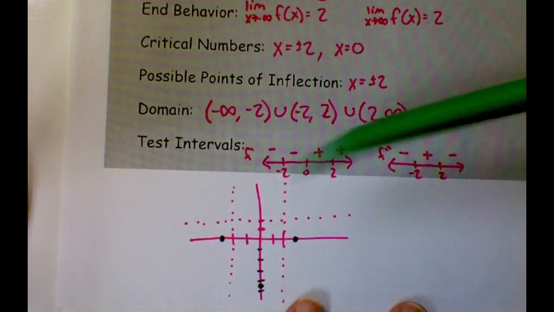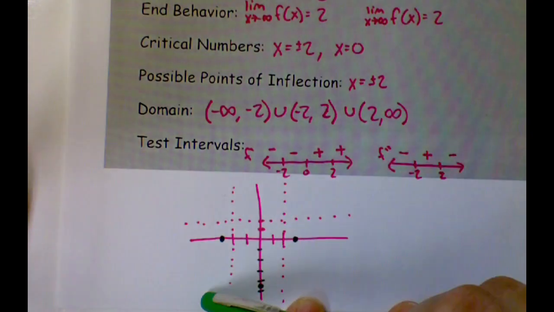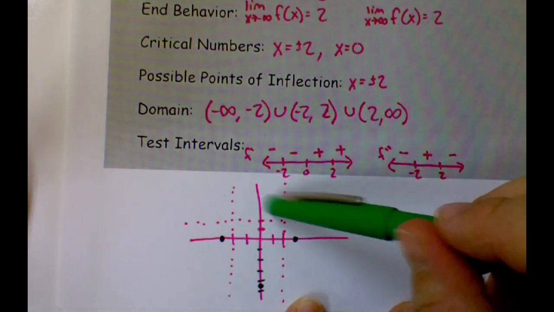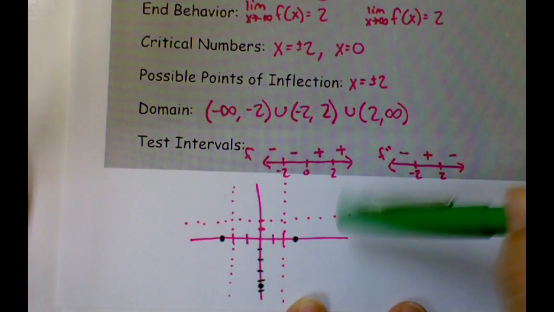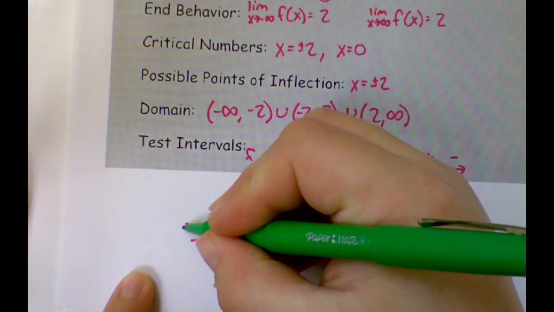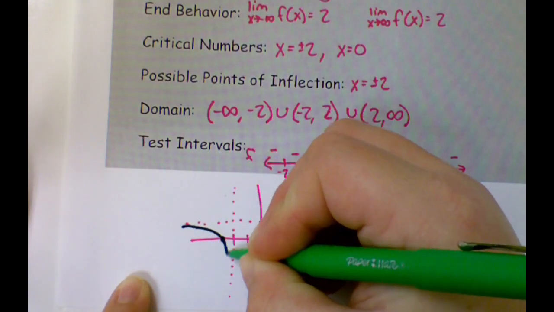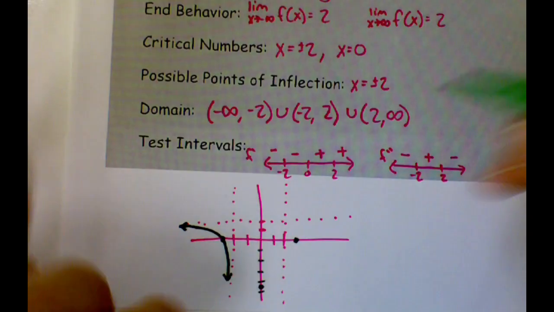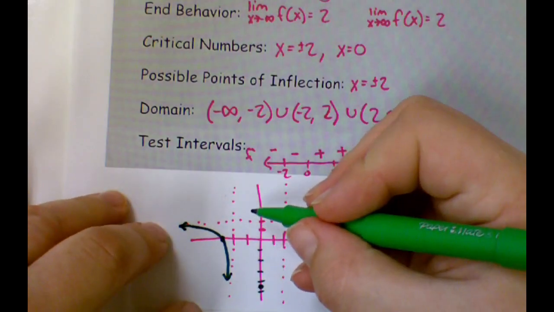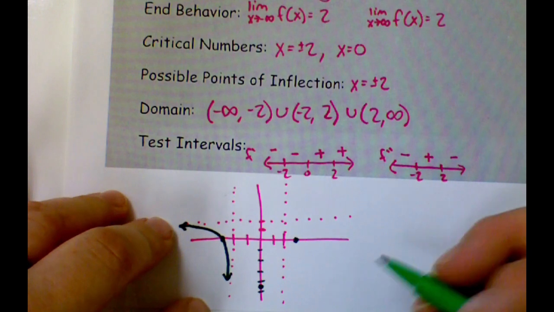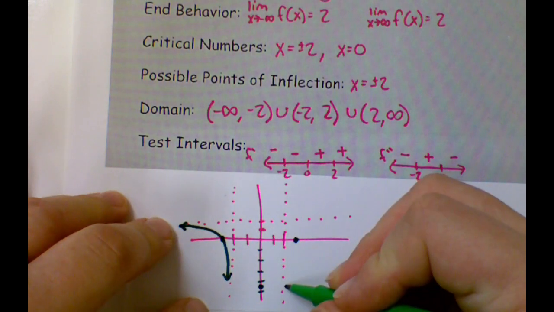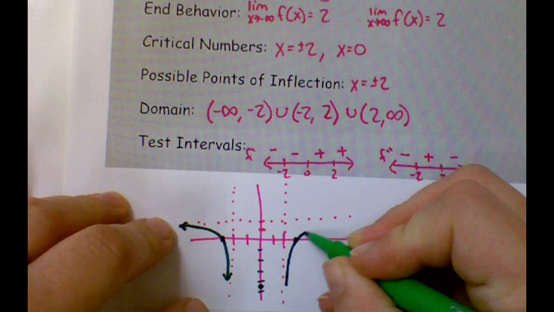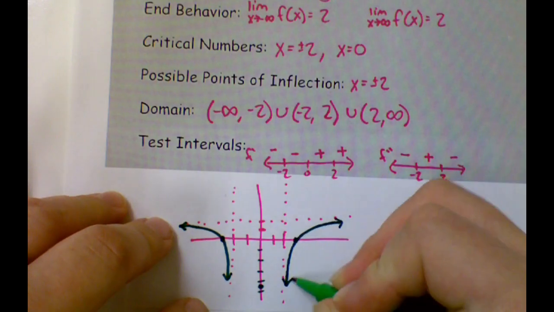I also know that I'm concave down over here, concave up in between here, and concave down again, which tells me my graph is concave down and decreasing here. But remember, I can't cross that vertical asymptote. I have concave down and increasing over here, again with my asymptotes.